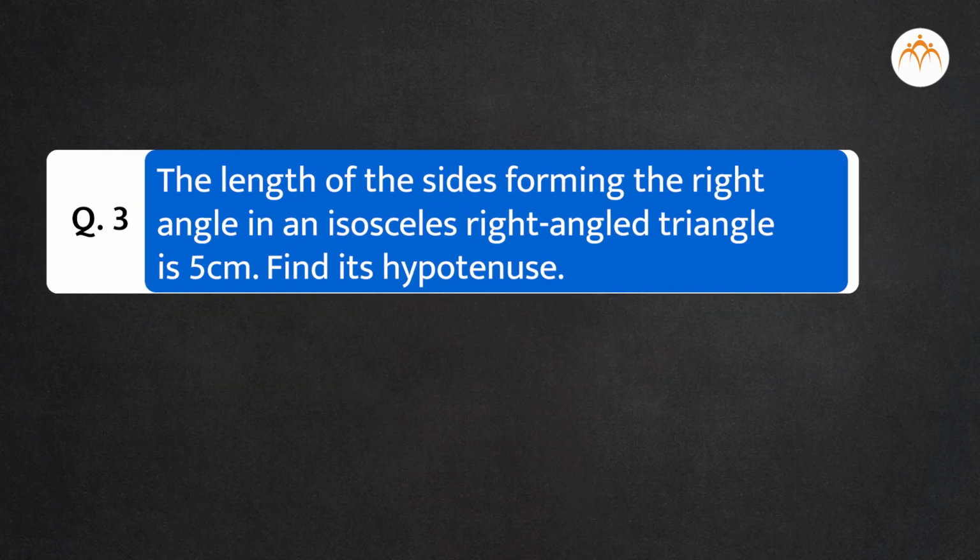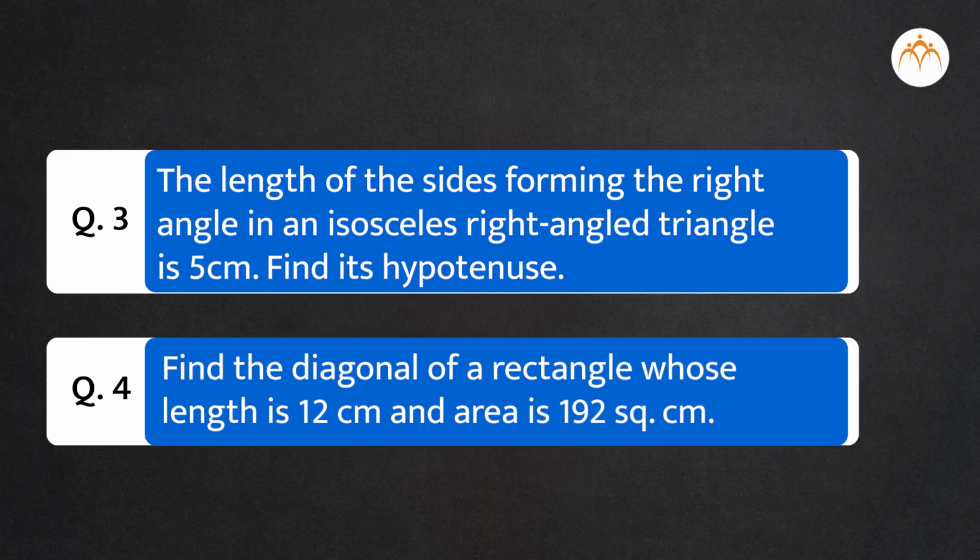The length of the sides forming the right angle in an isosceles right angle triangle is 5 centimeter. Find its hypotenuse. Find the diagonal of a rectangle whose length is 12 centimeter and area is 192 square centimeter.